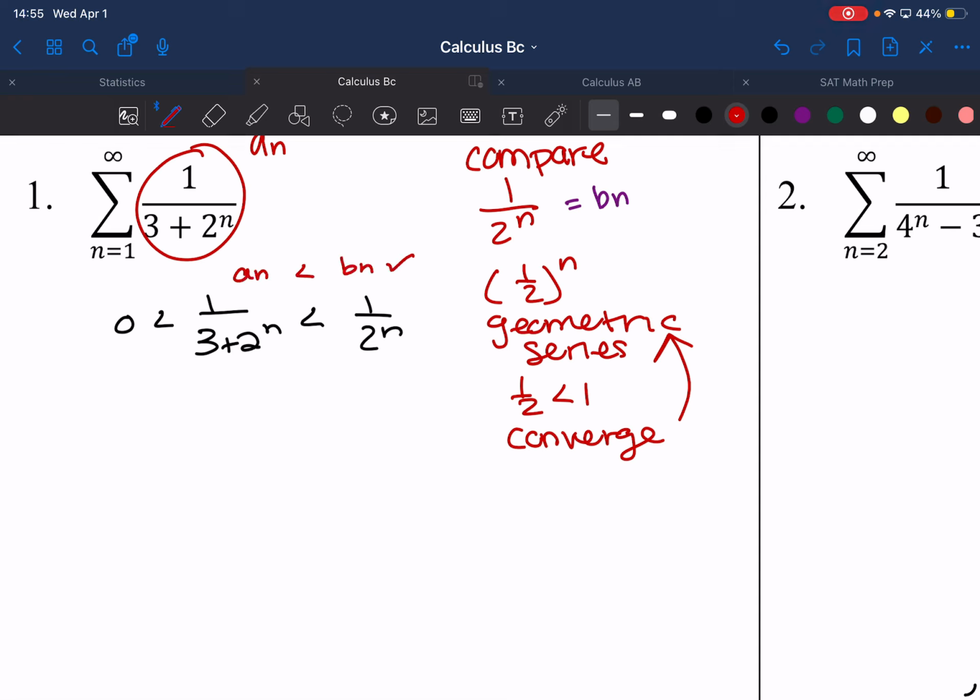So because 1 over 2 to the n power converges, that means this series also converges. The only thing you need to add is your justification. Even though the side part where we're talking about geometric series does justify that comparison one, we have to still say that this entire problem is true due to the comparison test.